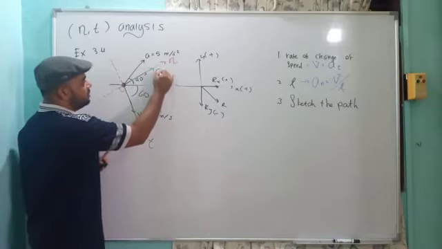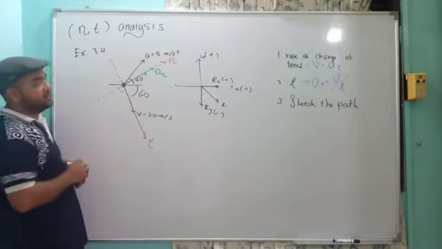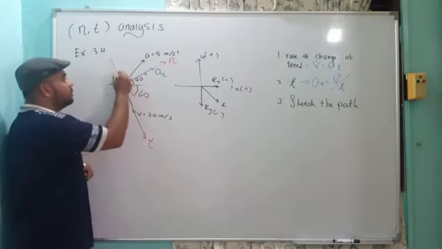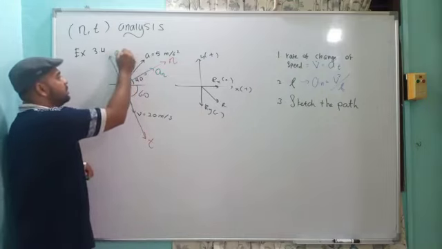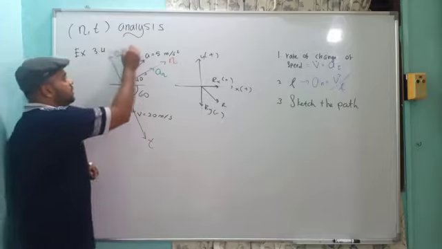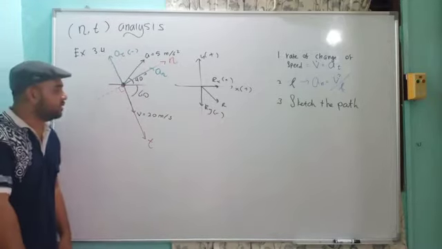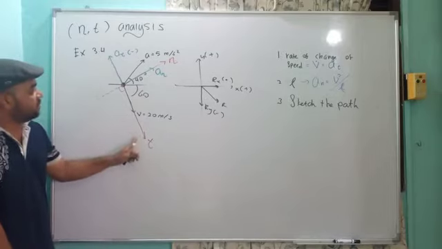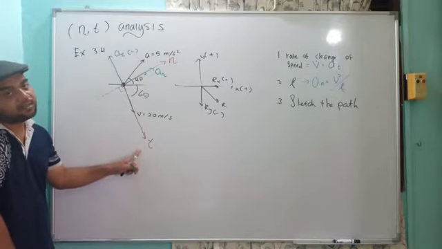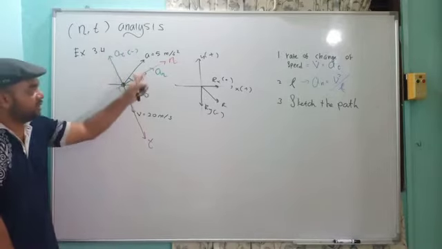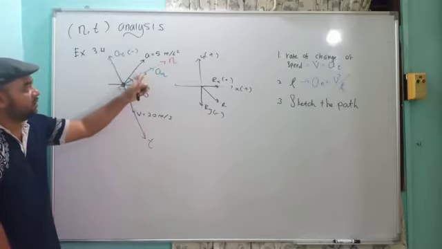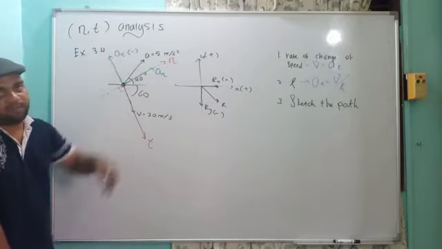This is A normal. The other one must go in this direction, A tangent. So A tangent will be negative in this case, because it is the opposite direction from this positive tangent. Okay, now you have the A normal and A tangent. If you calculate these, you can answer the question.